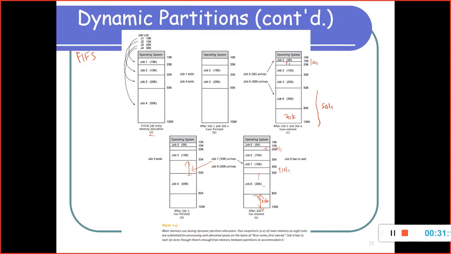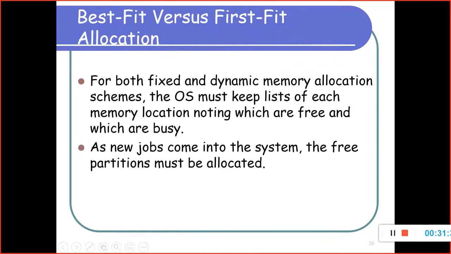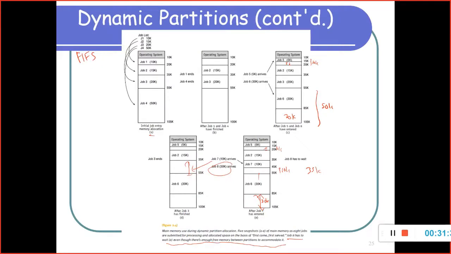So job 8 has to wait even though there is enough free memory between partitions to accommodate it. The free memory is 35K, but it is all in different blocks or partitions. In a system, we want to minimize the waiting time.